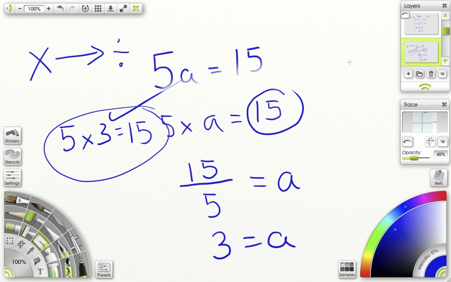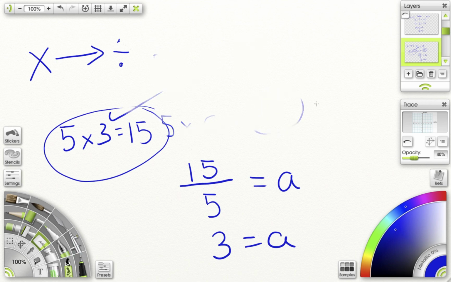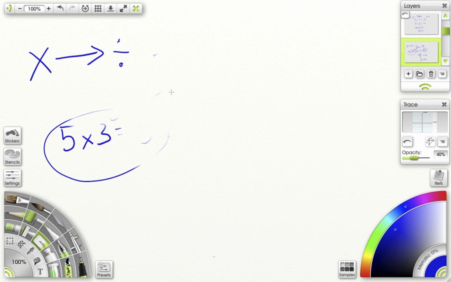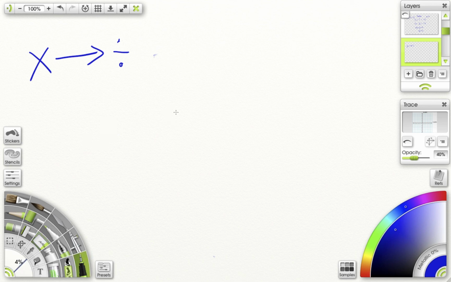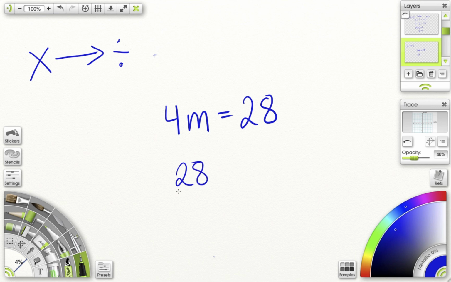Let's do one more multiplication, then we're going to do a couple of division problems. So now let's do 4m is equal to 28. We need to figure out what m is. To do so, we take our 28, our big number, and I divide it by 4.